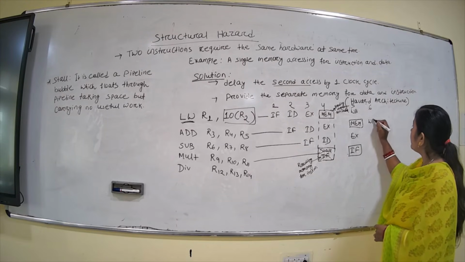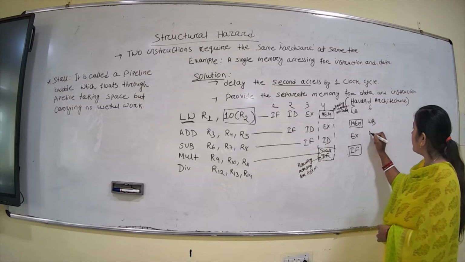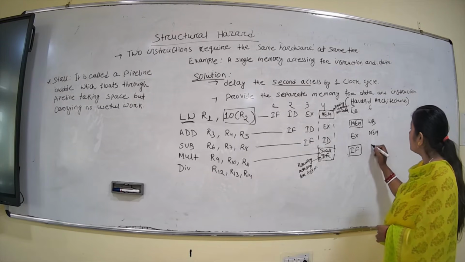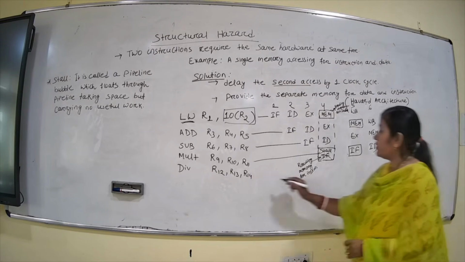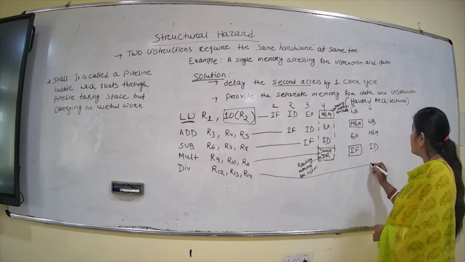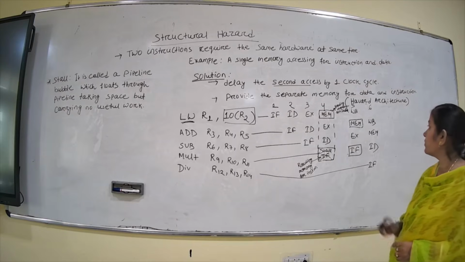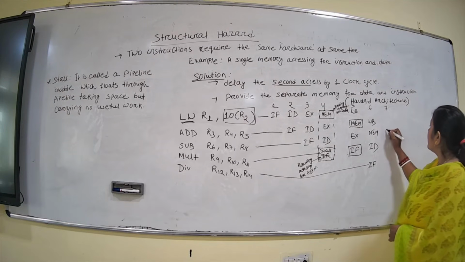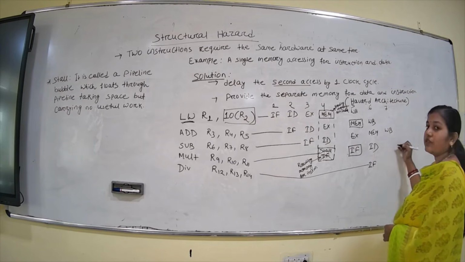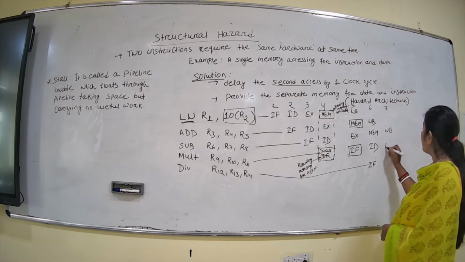Now at the sixth clock cycle, this will go to write back, this will go to memory, this will go to ID. Now this division will go for the IF. Then at 7, write back. Just complete the time phase diagram.